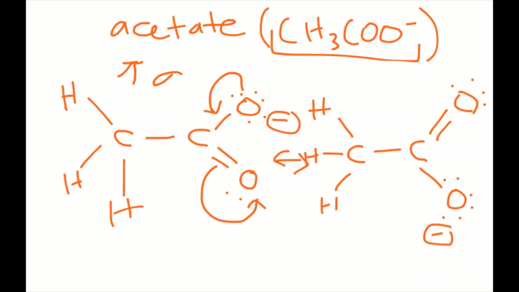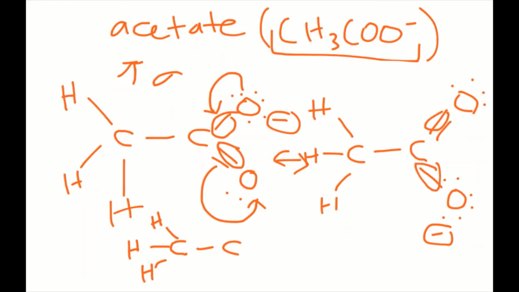So let's get going. So the resonance hybrid, let's keep the things that stay constant with bold lines like these ones over here, and let's continue that. And notice how the sigma bond here, here, here, and here stays constant. So because it stays constant, we can draw those as bold lines.